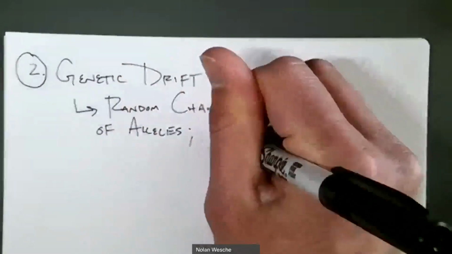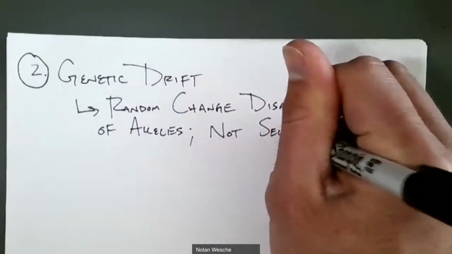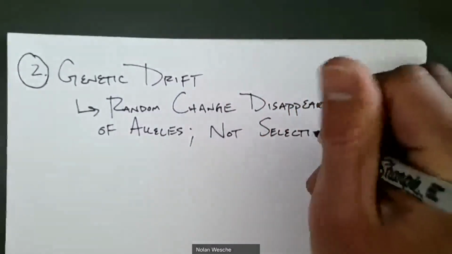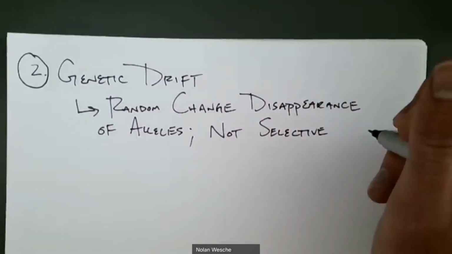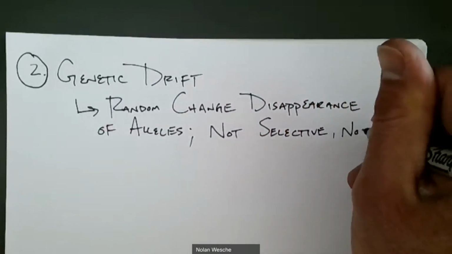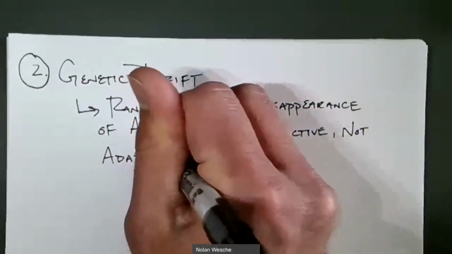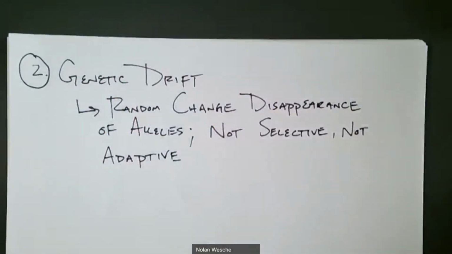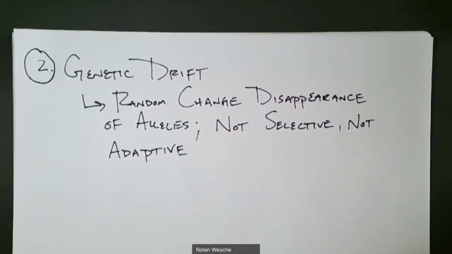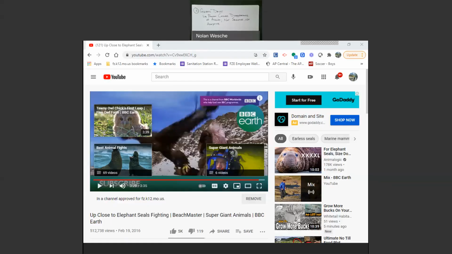So this is not selective. So it's not selecting based on criteria or alleles. And because of that, it's not adaptive. Individuals that survive are not going to be better suited to their environment. It's just kind of random chance that they ended up in a scenario where they're surviving and others aren't. So we'll look at a couple of different examples.